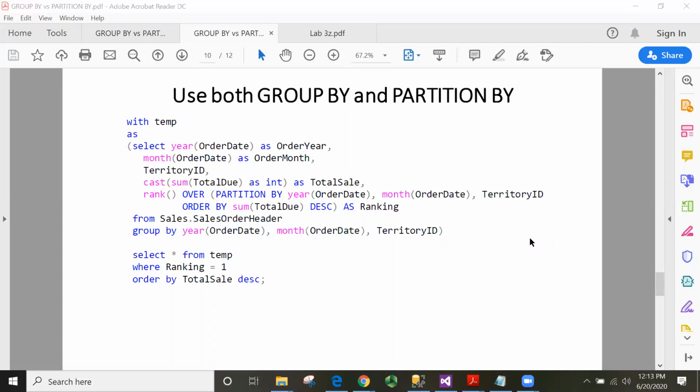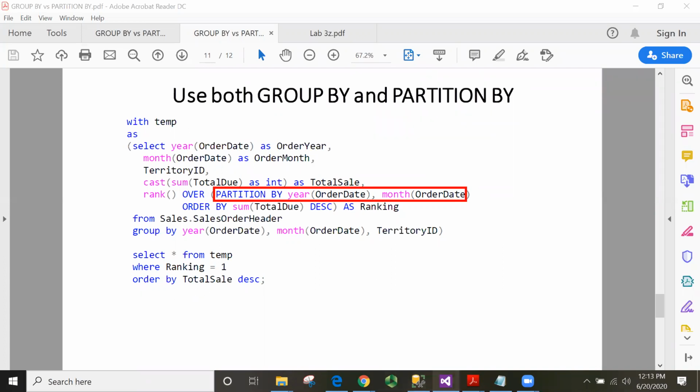Okay, I think we are getting more and more yes votes. Pay attention to details. Group by is fine. We group by 3 columns, but partition by, we will partition by only month and the year.